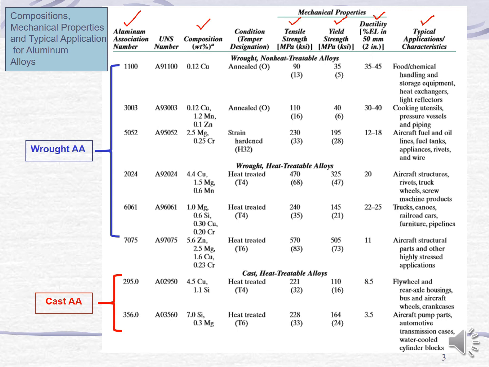Aluminium and its alloys are divided into wrought and cast aluminium alloys. This is the association number of the types for wrought alloys, while this one is the number for the cast aluminium alloys. These numbers depend on the composition of the alloys.